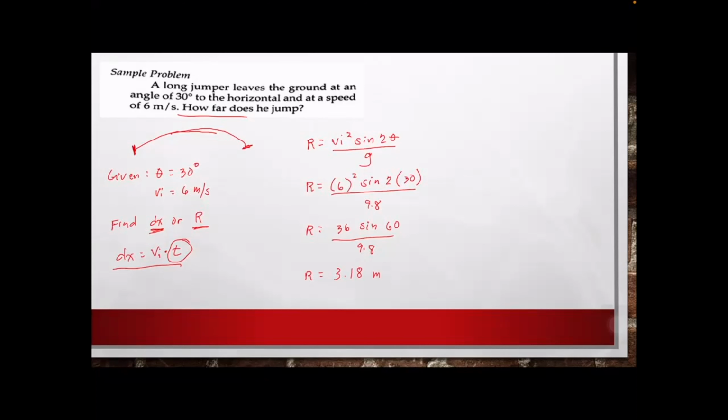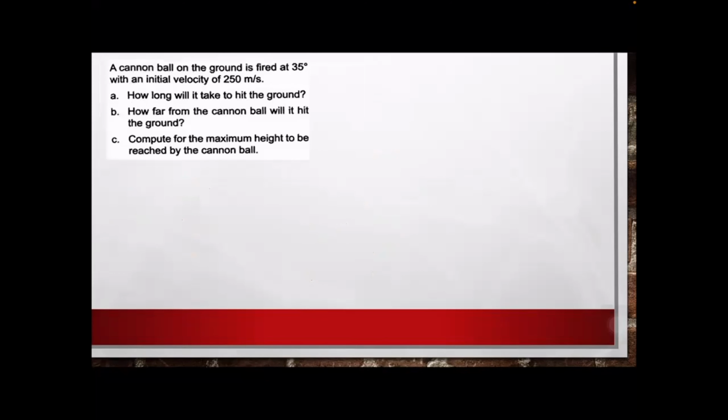Okay, next problem. A cannonball on the ground is fired at 35 degrees with an initial velocity of 200 meters per second. Letter A, how long will it take to hit the ground? Letter B, how far from the cannon will it hit the ground?